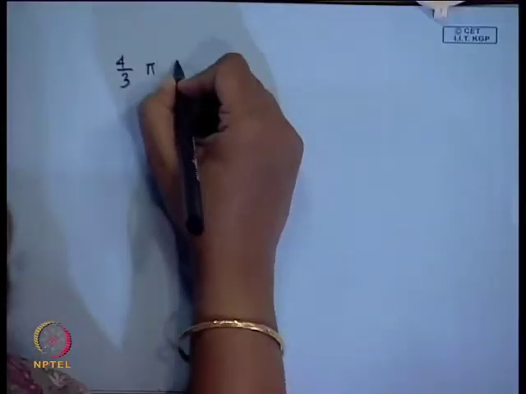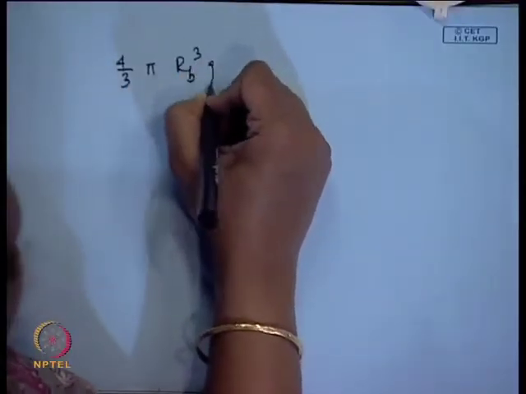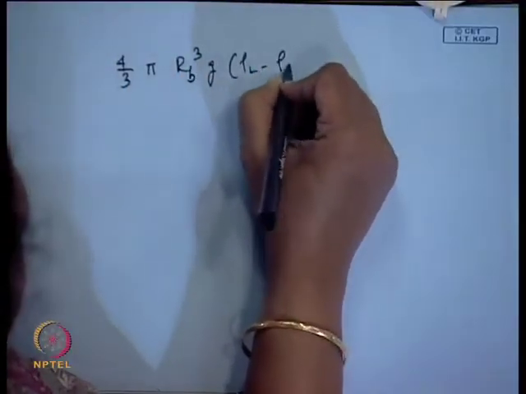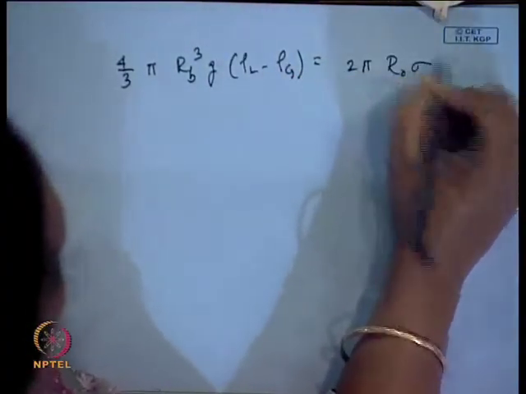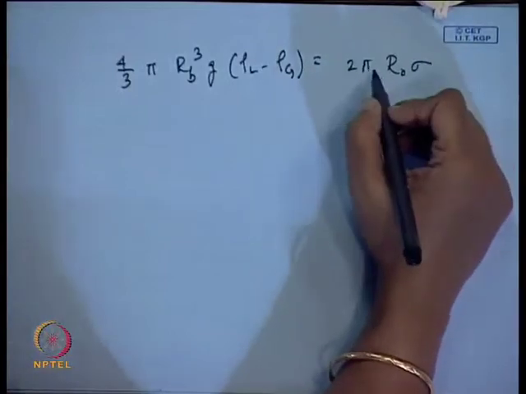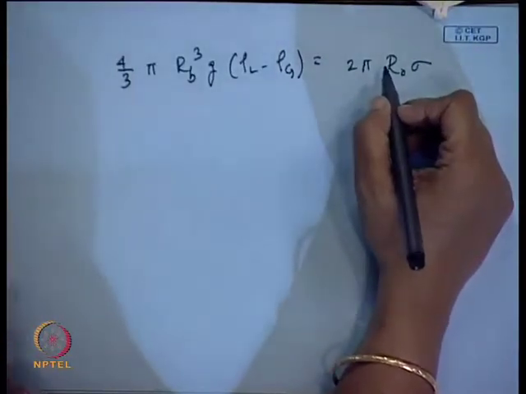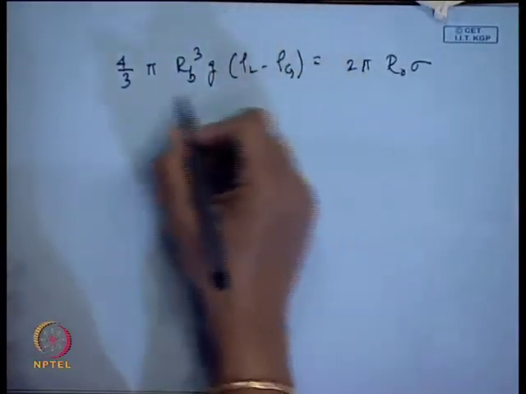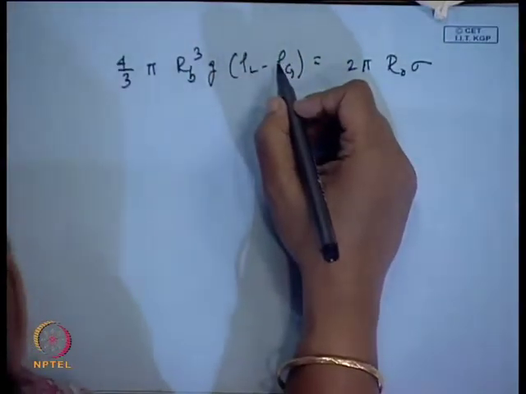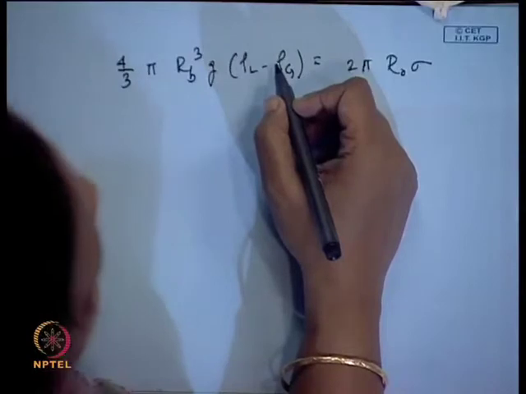We find that 4/3 pi r b cube into g into rho l minus rho g will be equal to 2 pi r 0 sigma, is not it? The surface tension force basically helps the bubble to remain attached at the orifice, and this is equal to the buoyancy force due to which the bubble will detach and rise.